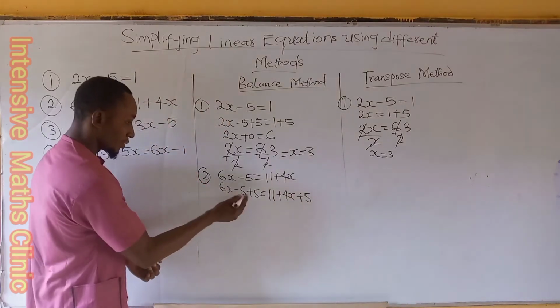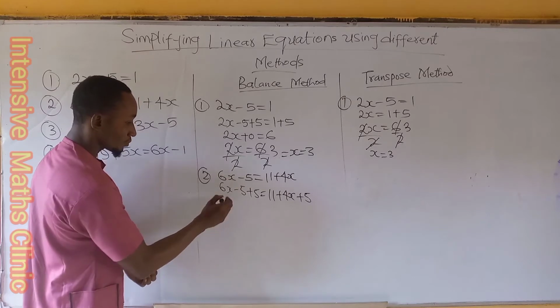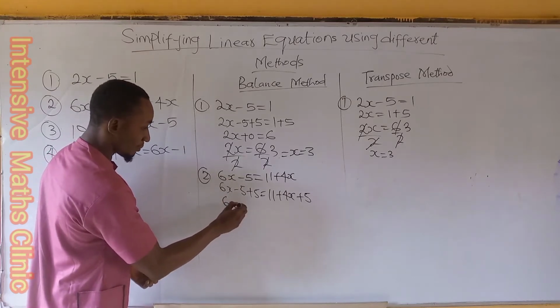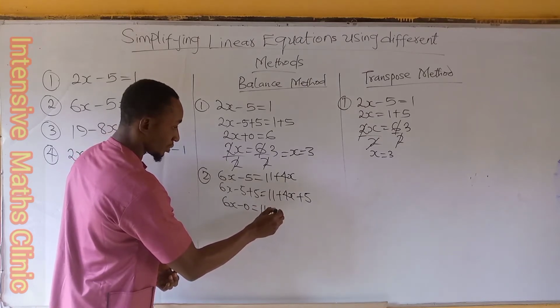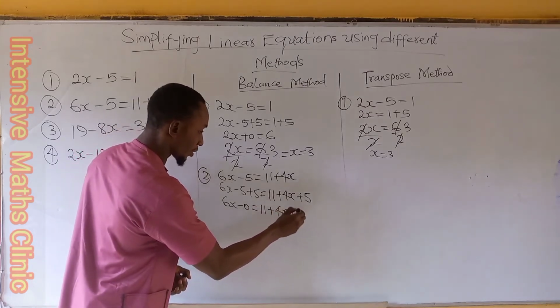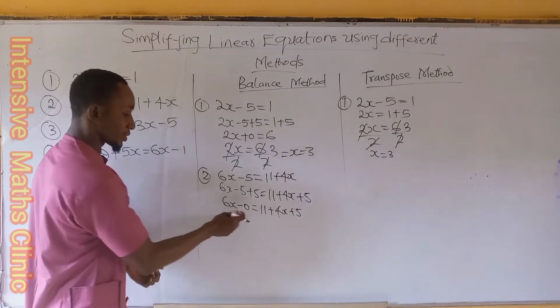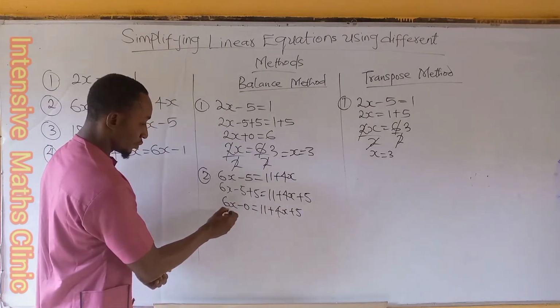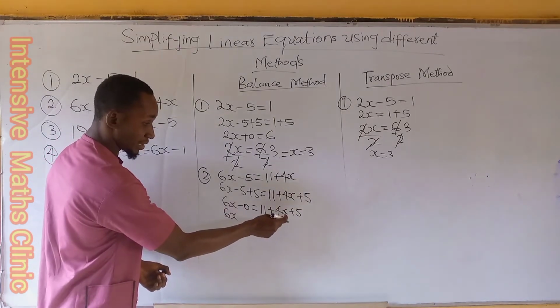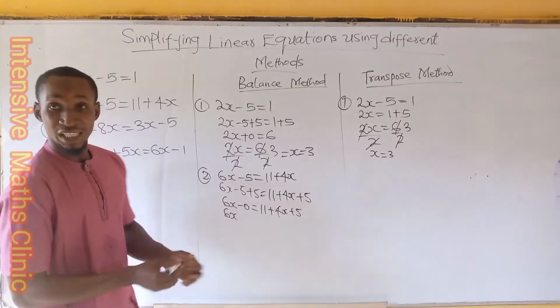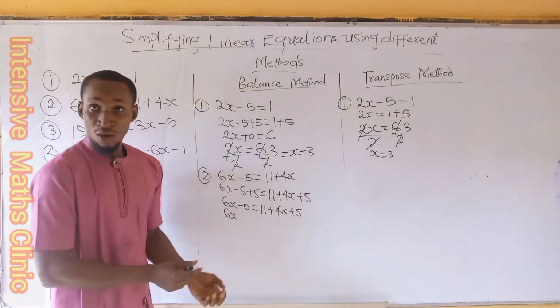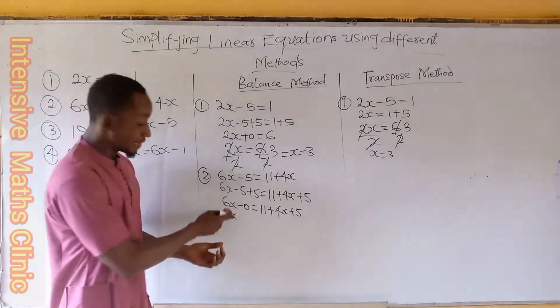From here, minus 5 plus 5 is 0. So it will be 6x minus 0 equals 11 plus 4x plus 5. From here, we collect like terms. The 4x is going to come to the left hand side so that it will be on the same side with its partner, because they are both in x.